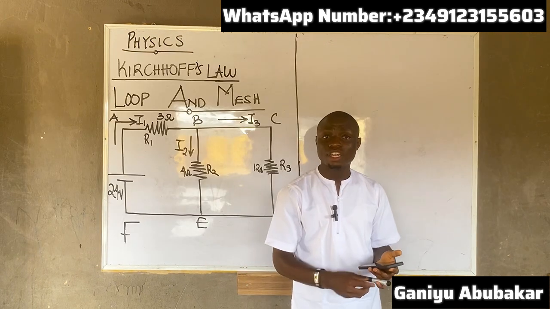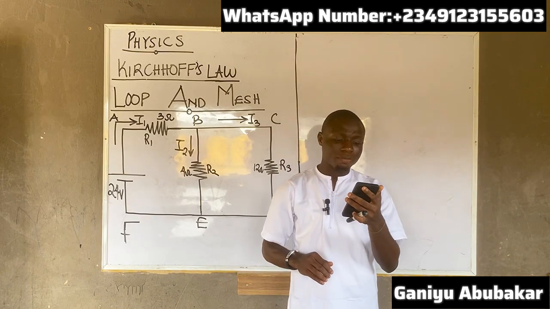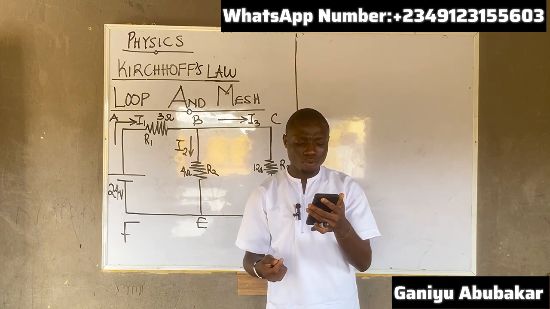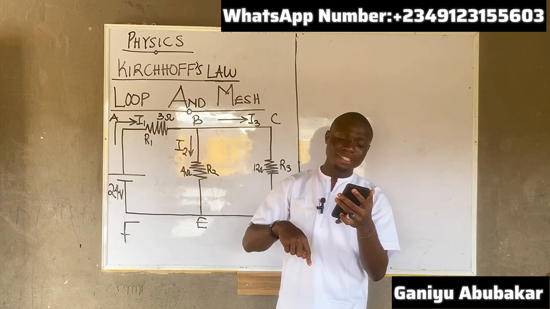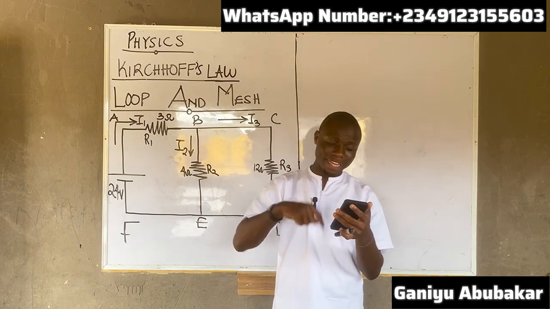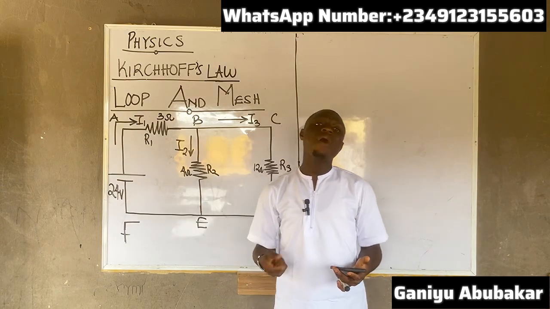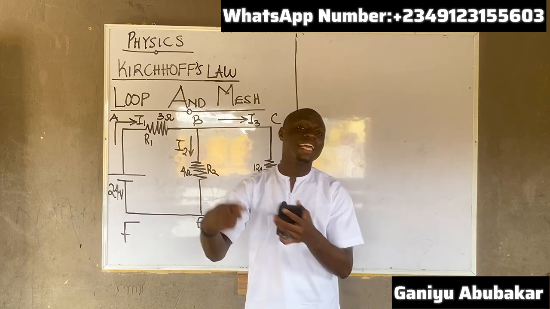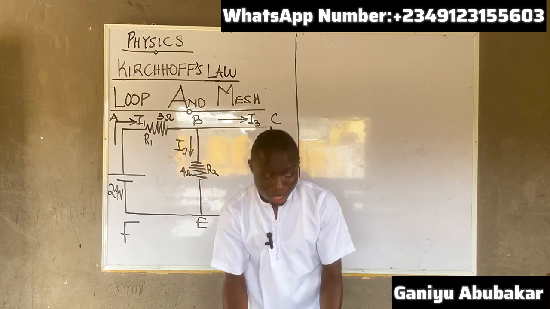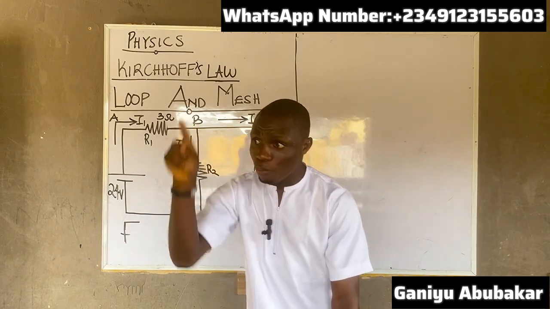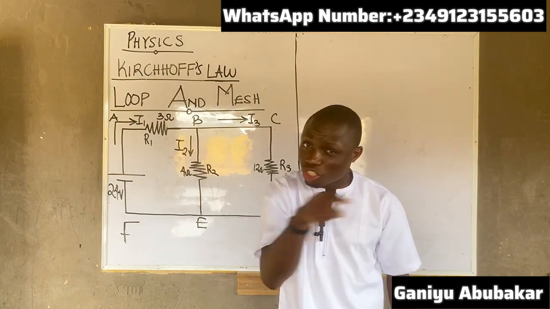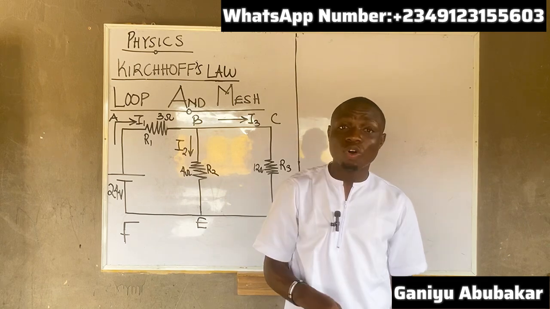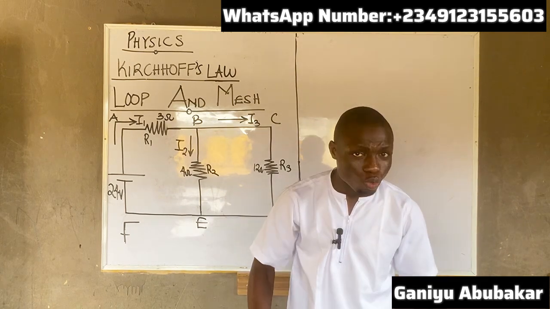Here's the idea: a loop encases other loops, while a merge does not contain or enclose any loop.